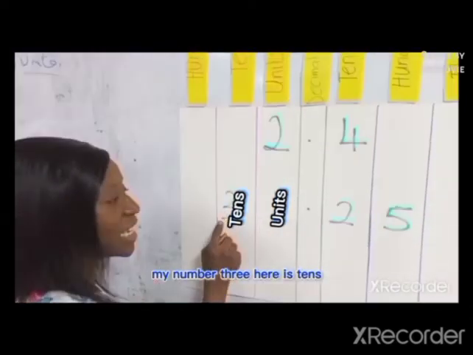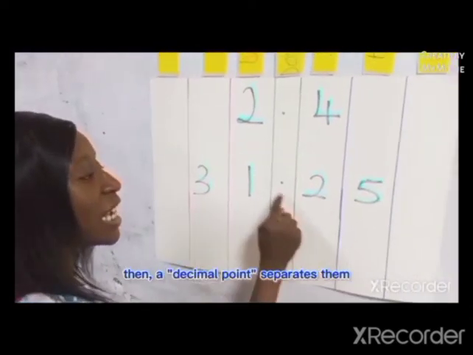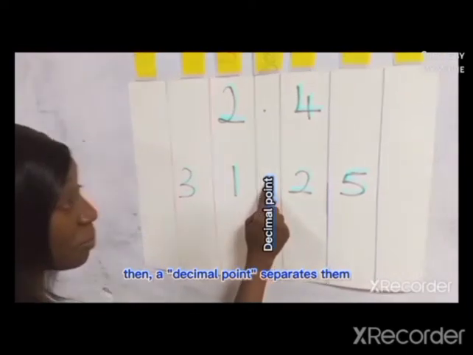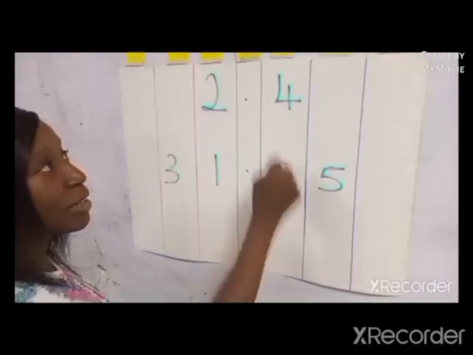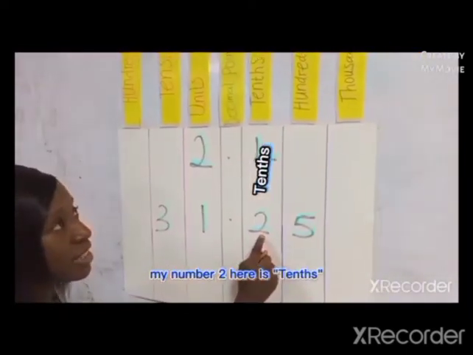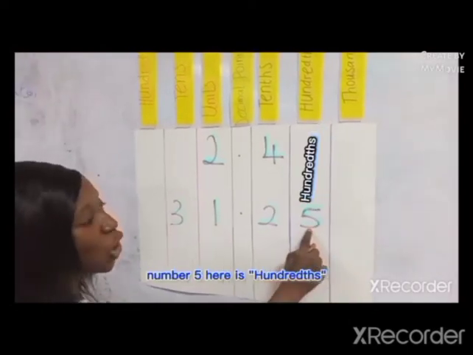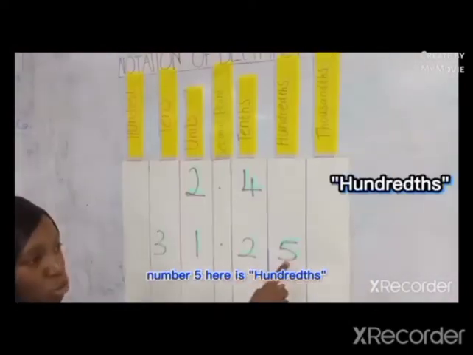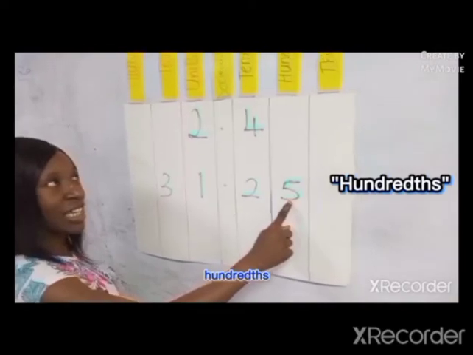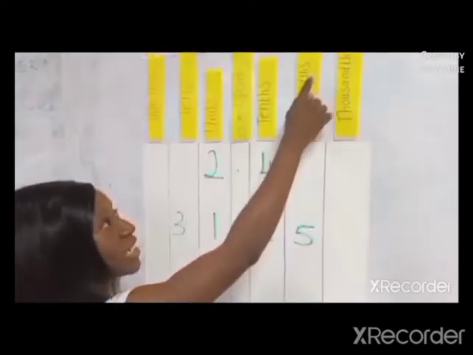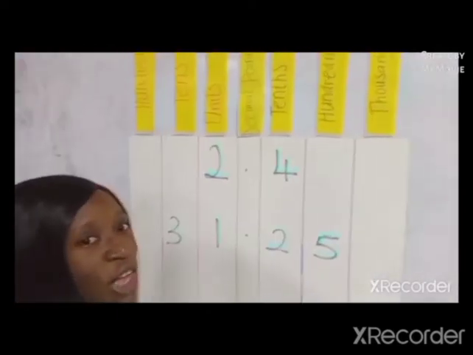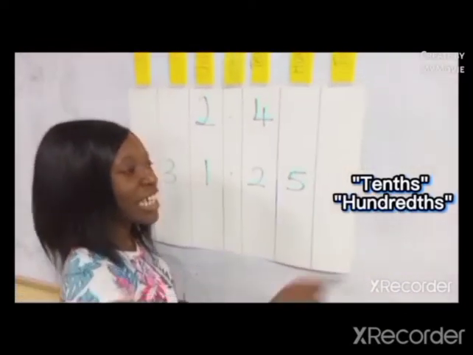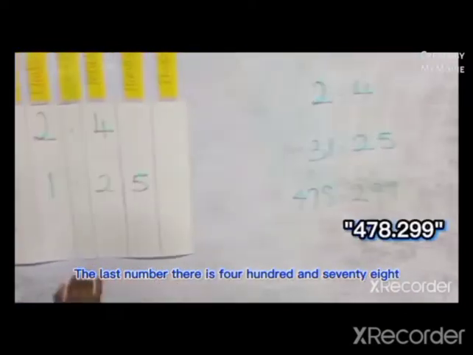My number 3 here is tens. Then the decimal point separates them. My number 2 here is tenths. Number 5 here is hundredths. The last number there is hundredths.